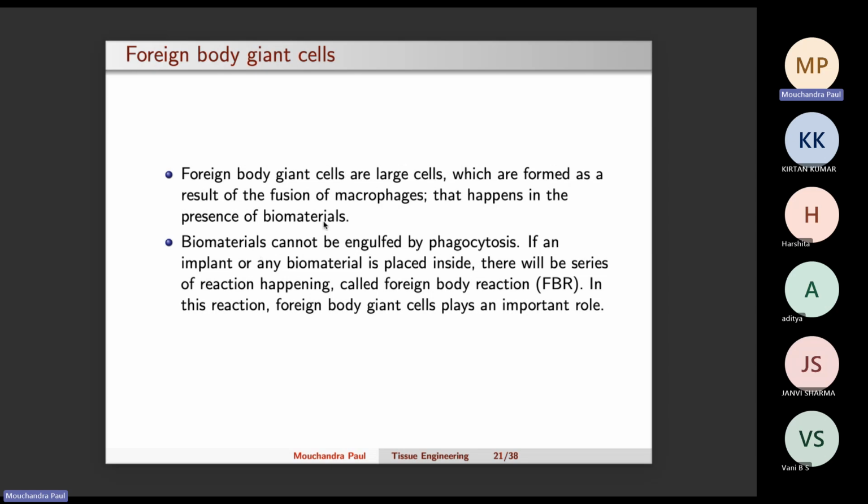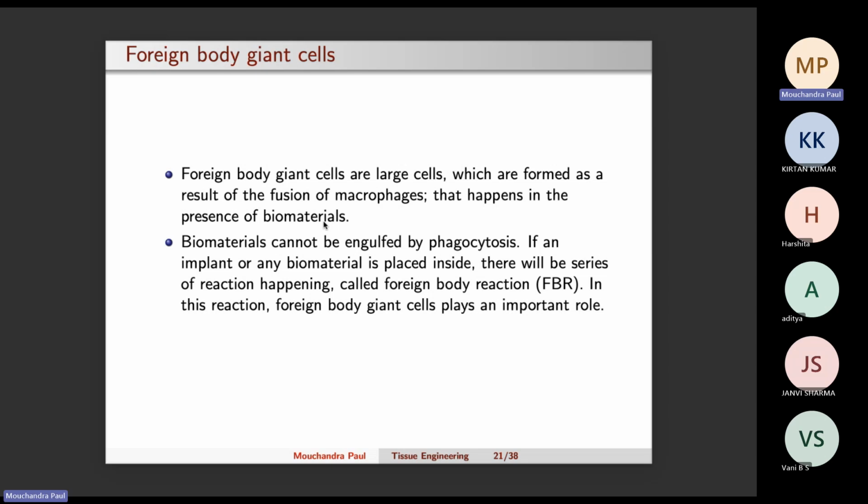I just mentioned that biomaterials are larger in size than a single virus or bacteria. So a single macrophage gets frustrated. They try to engulf, but they cannot. So they start fusing and create a giant cell, called a foreign body giant cell, in an attempt to engulf it.